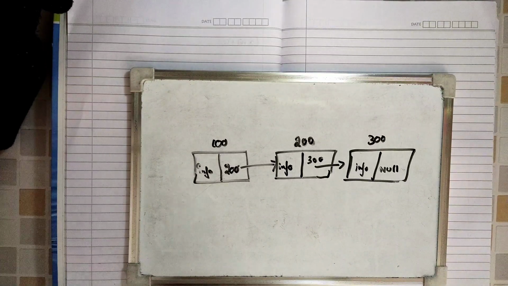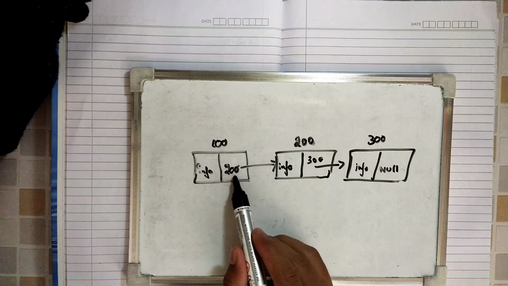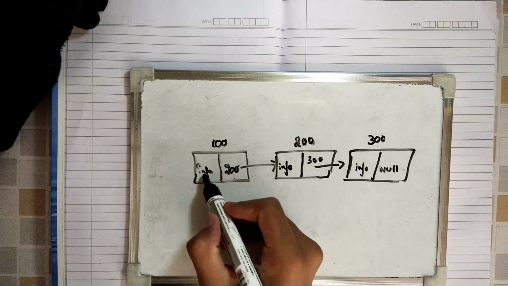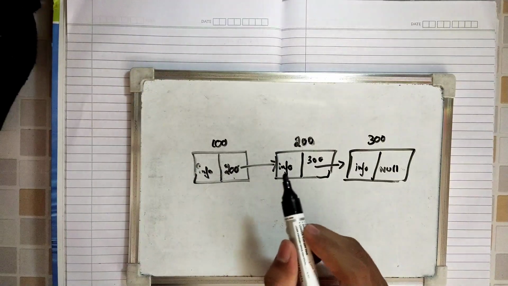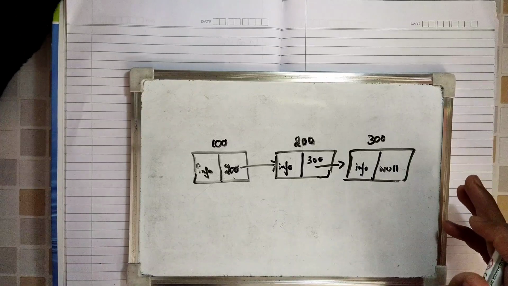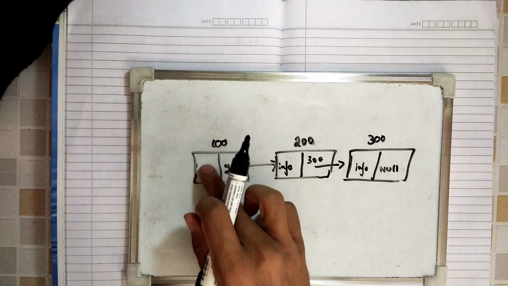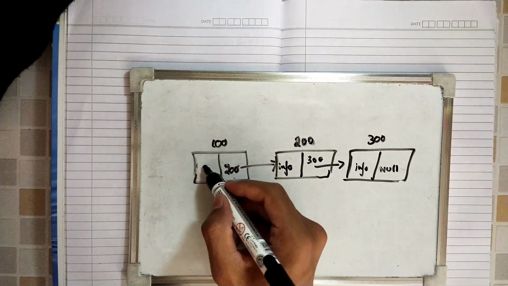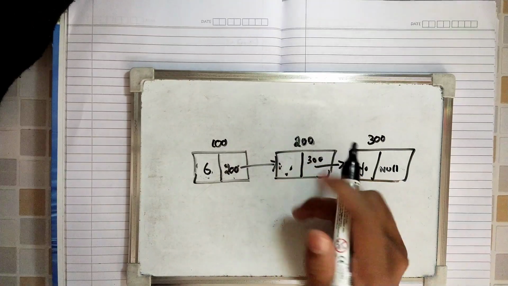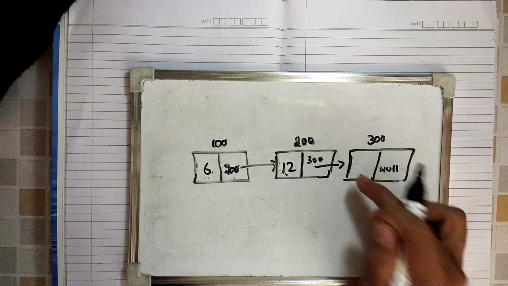So see here, this pointer holds the address of the next node in the list. Suppose info is there, whatever info you want through user input, or you can declare static allocation of memory, so statically you can give values. Suppose this was having the value 6, this one 12, and here the value was 4.